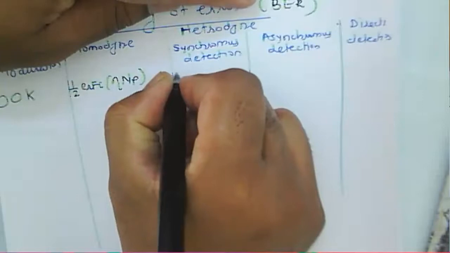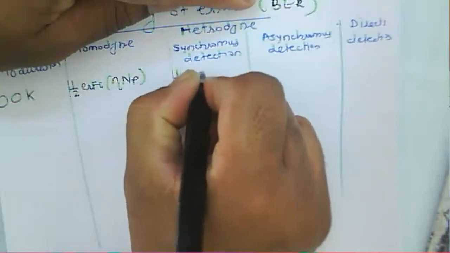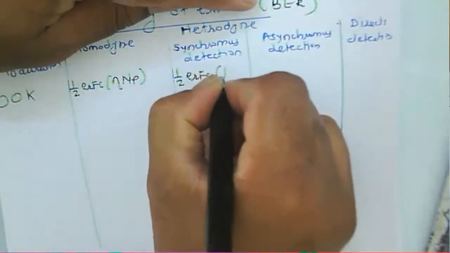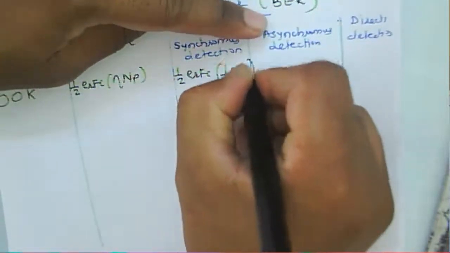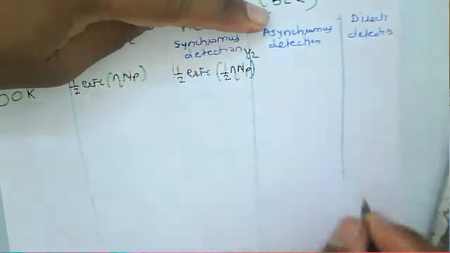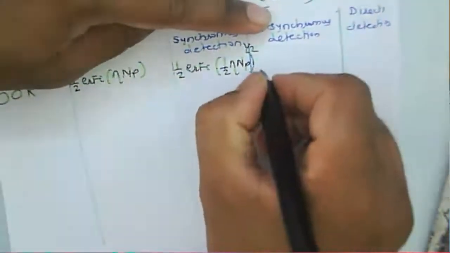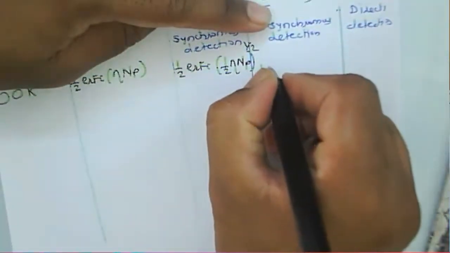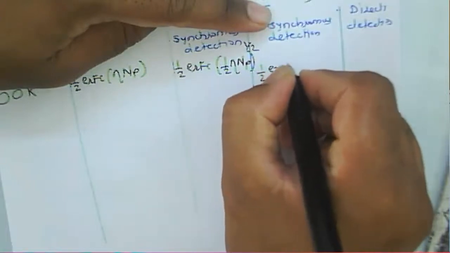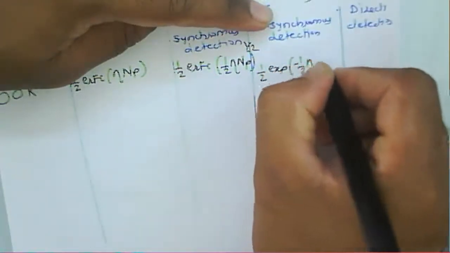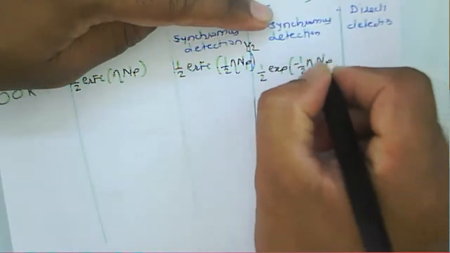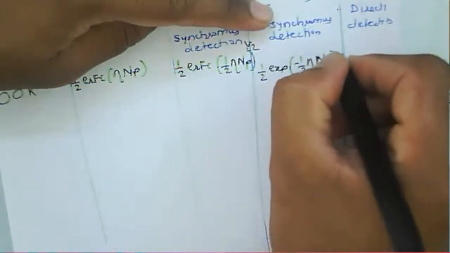Similarly, for the synchronous detection, we can say ERFC of 1 by 2 eta NP raised to 1 by 2. Here 1 by 2 exponential of minus 1 by 2 eta NP average.